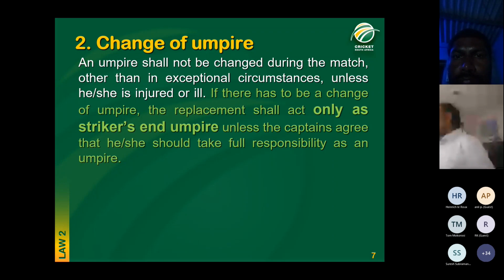In terms of changing the umpire after the game has started, yes, the law allows for it, because an umpire can become injured or ill, or in exceptional circumstances the umpire needs to be changed. The law then tells us that if you do decide to change the umpire, the replacement umpire is to only act as the striker's end umpire, unless both captains agree that this replacement umpire can take full responsibility as an umpire in the game.